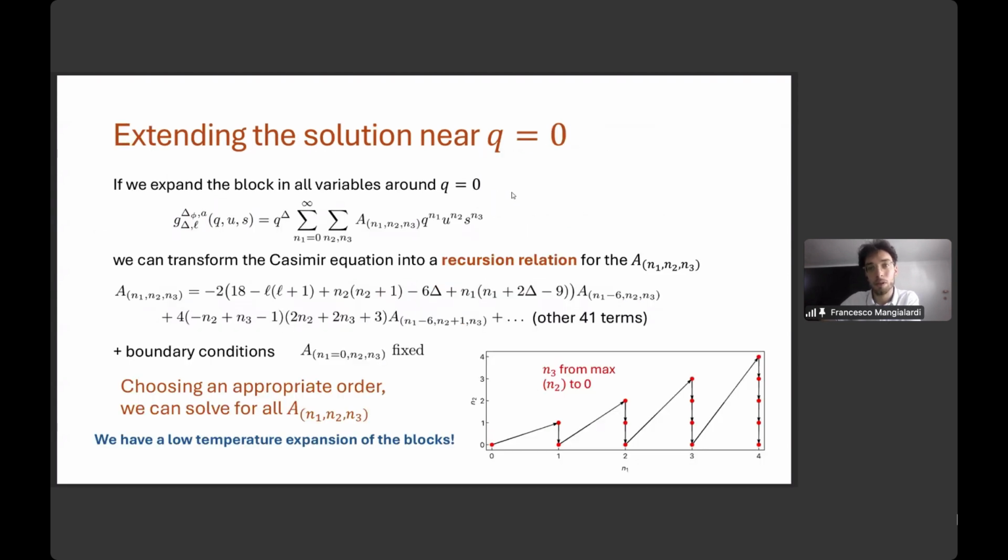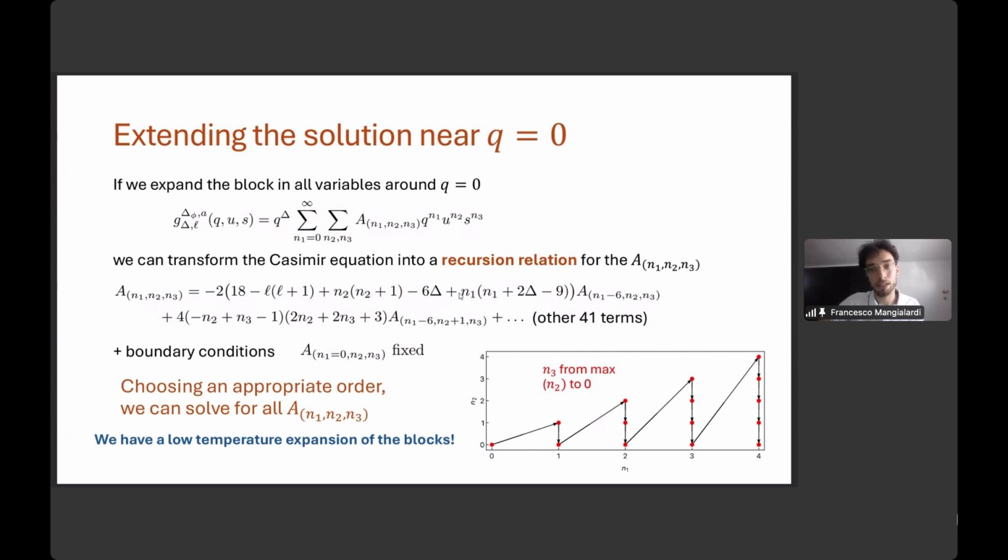Now that we have fixed the boundary condition at q equals 0, we can actually take this opportunity to see that we can extend this solution around q equals 0. If we expand, in fact, the block not only in q around 0, but also in the other two variables, u and s, we can transform the Casimir equation into a set of recursion relations for the coefficients that appear in this expansion. The recursion relations are quite involved.